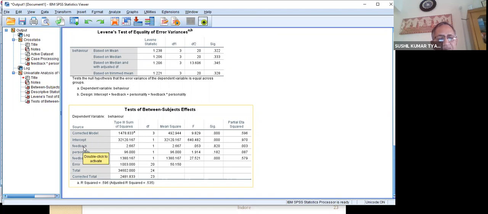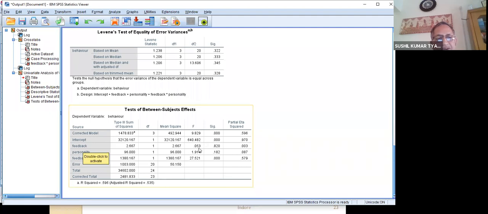We will interpret the two main effects, effect of feedback and effect of personality, as well as the interactional effect. So the F value is here. F for feedback is 0.053.